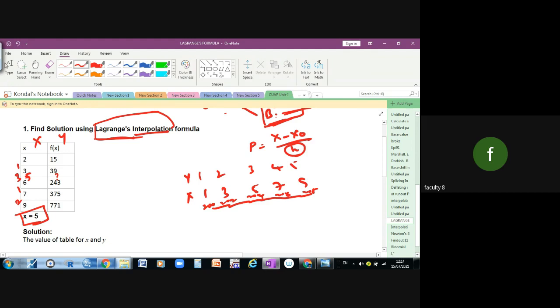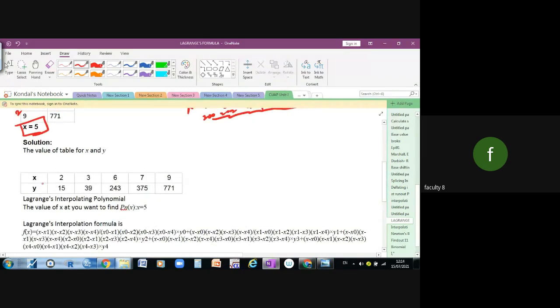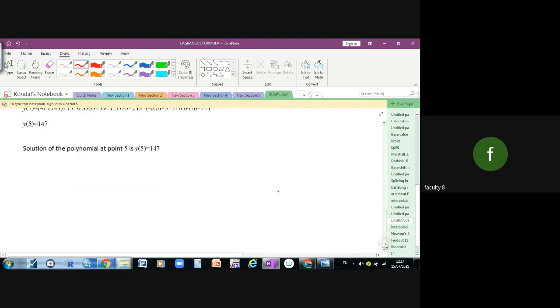If you take the table like this, with x values 2, 3, 6, 7, 9, we have to add 5 and get a question mark. Then we have to find the y value when x is 5. The Lagrange formula is there.